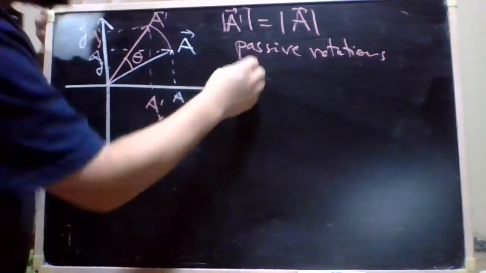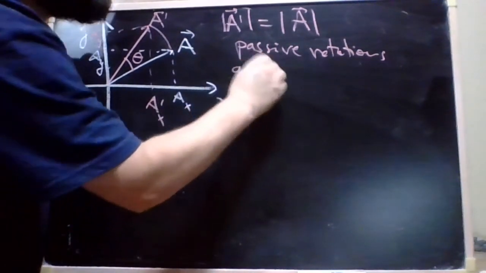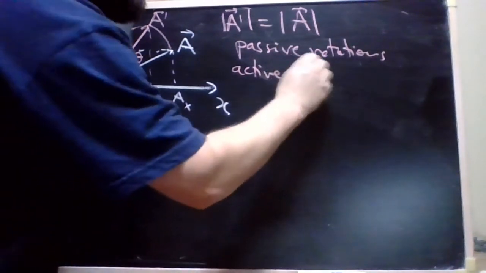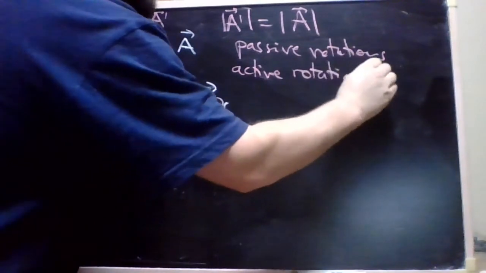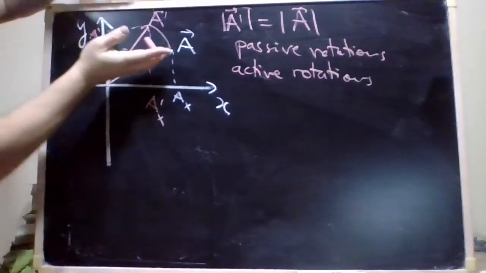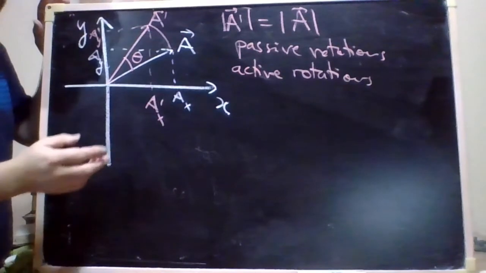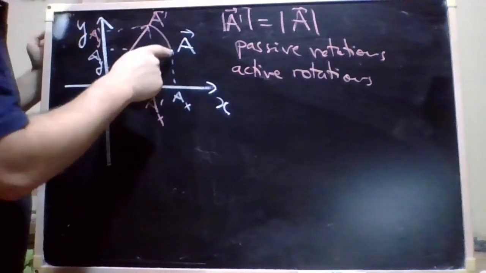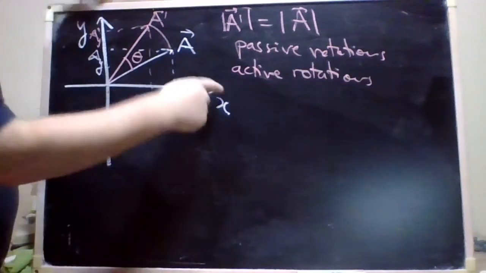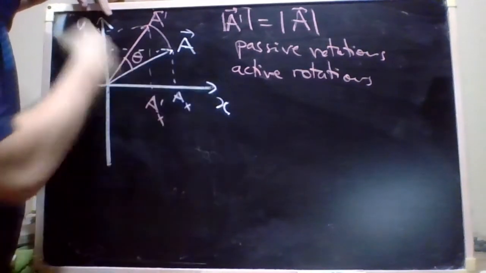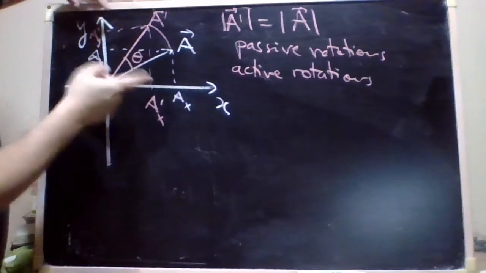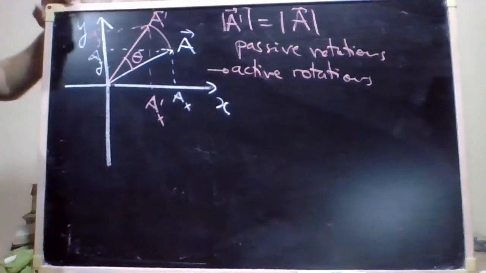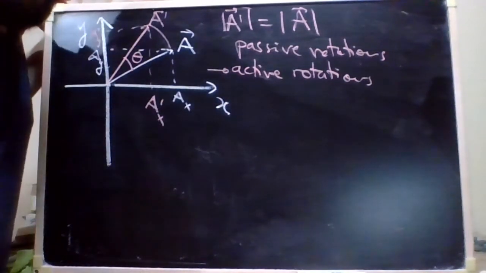Or you can use an active point of view, so active rotations. I'm doing here an active rotation, so you rotate the vector, right? There are two viewpoints. In one, the observer is seeing from the x and y coordinate system the vector rotating. It's an active rotation, an active viewpoint.